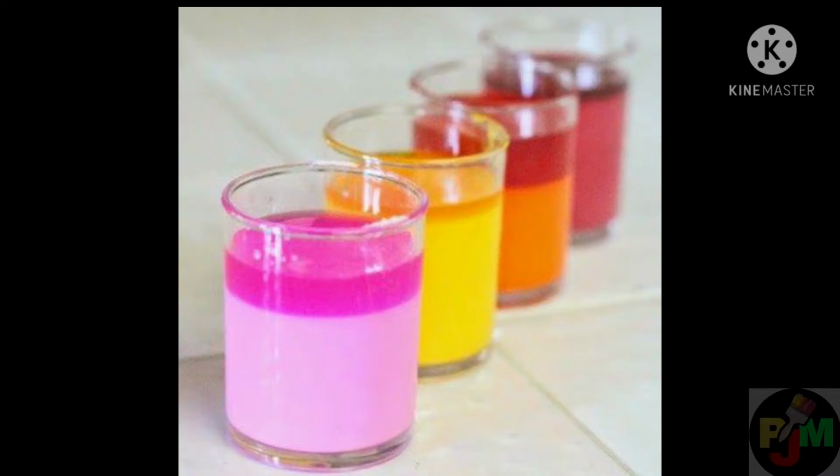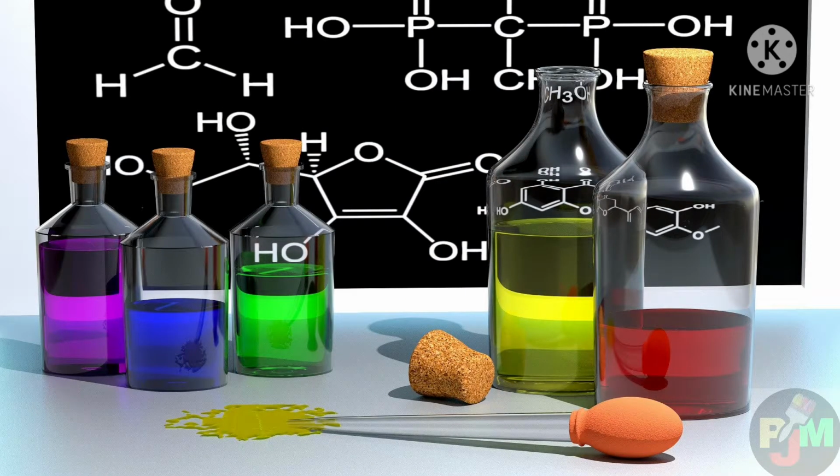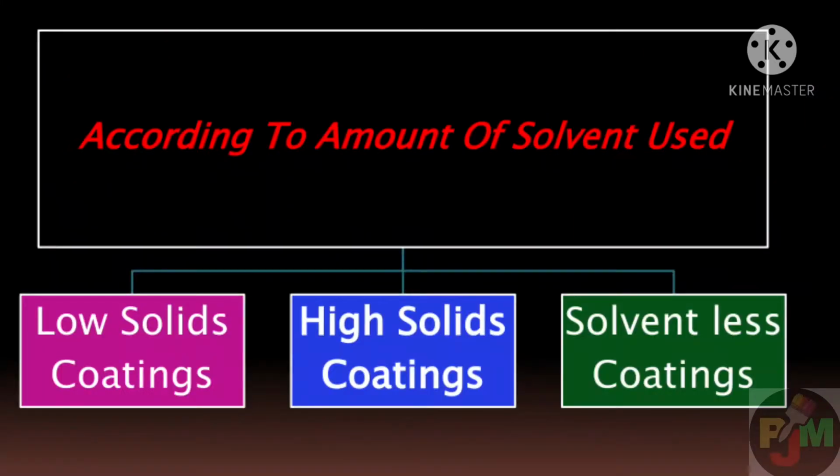Different paints contain different amounts of solvent in their formulation. According to the amount of solvent present in paint formulation, paint is classified into three categories: low solid coatings, high solid coatings, and solventless coatings.